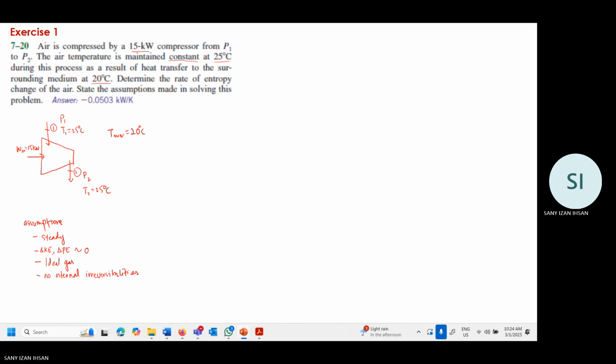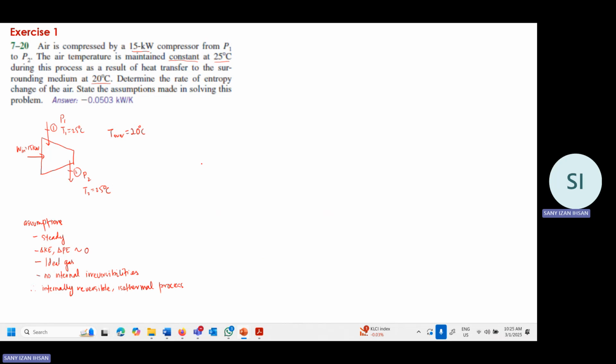Therefore, since temperature is constant, the process is internally reversible, isothermal. Temperature is constant, isothermal process. So basically that summarizes the assumptions that we are making.